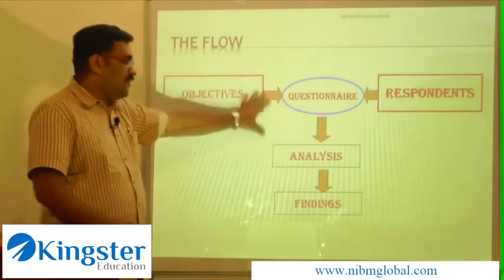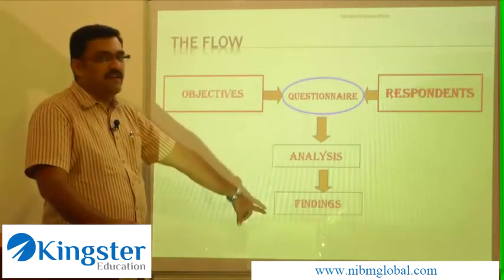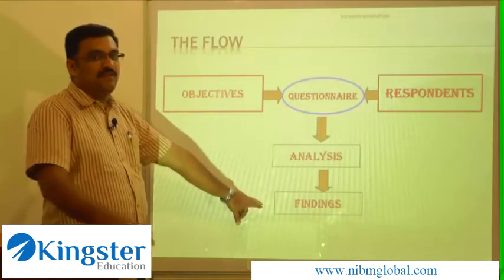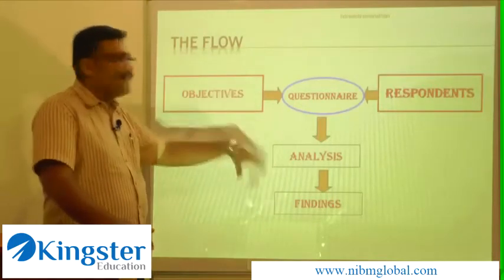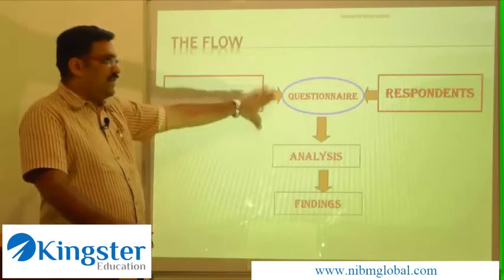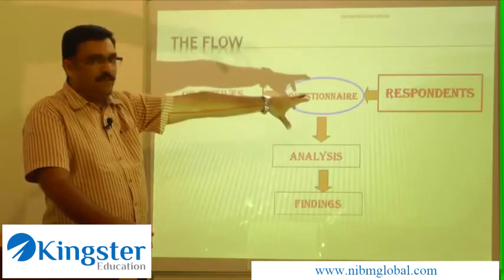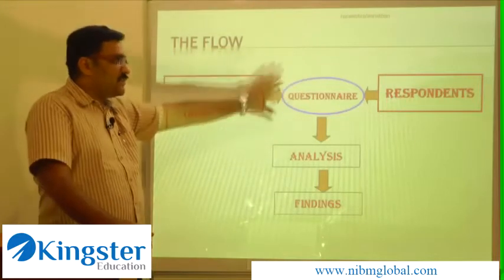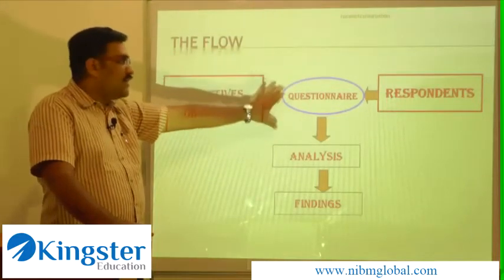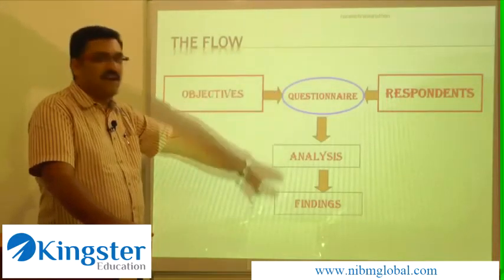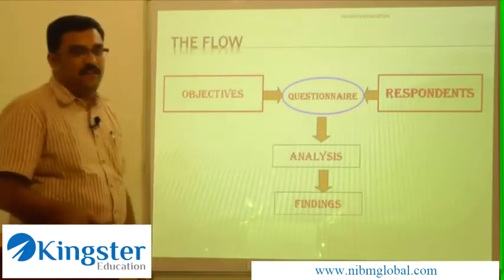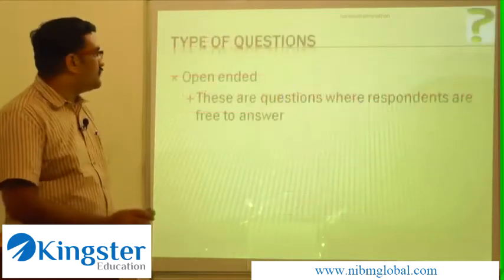Those responses will be analyzed, and we will extract the major findings from that. This is the flow. So based on the objectives, we will be constructing questionnaires, and questionnaires will be circulated to them. Respondents will give responses to the questionnaire. Those responses will be analyzed, and finally we will end up with various findings.